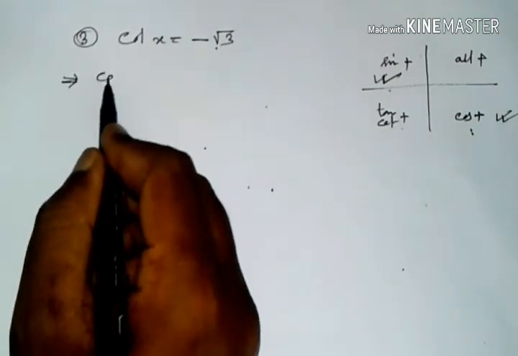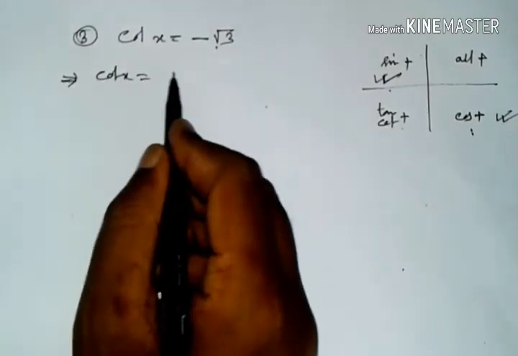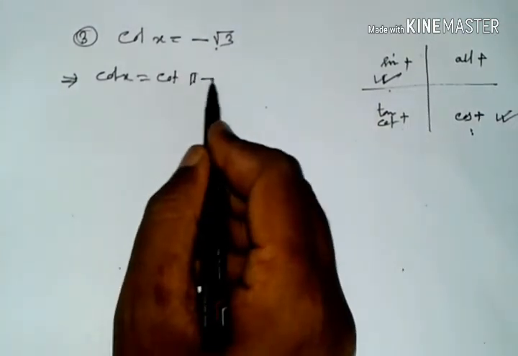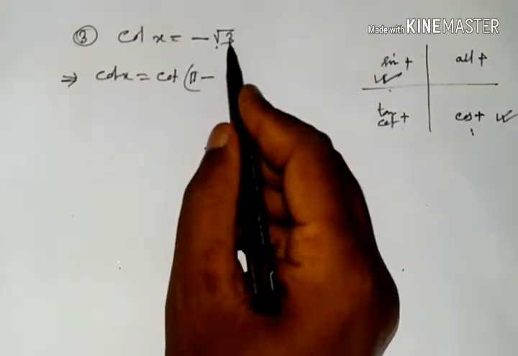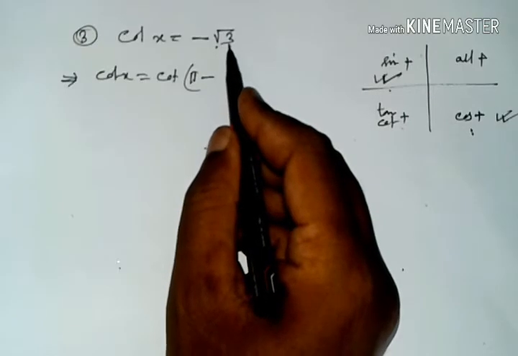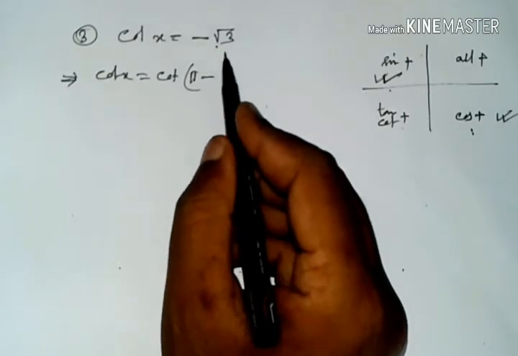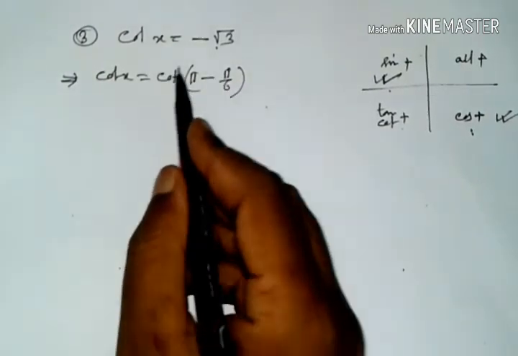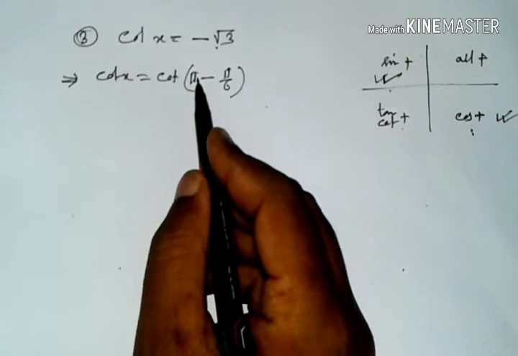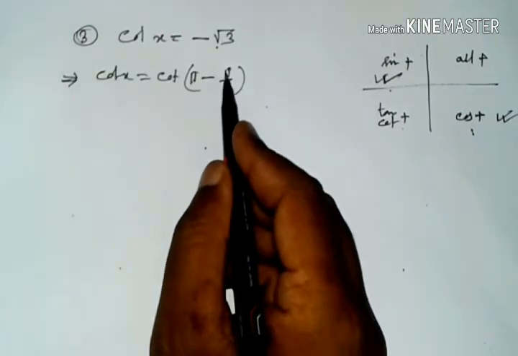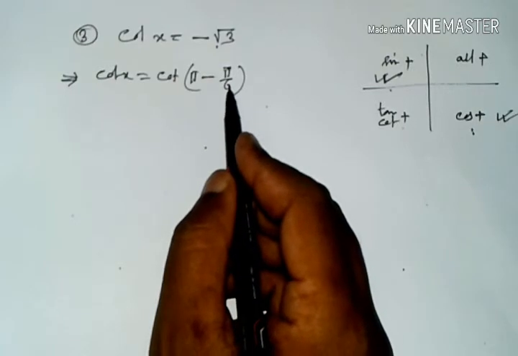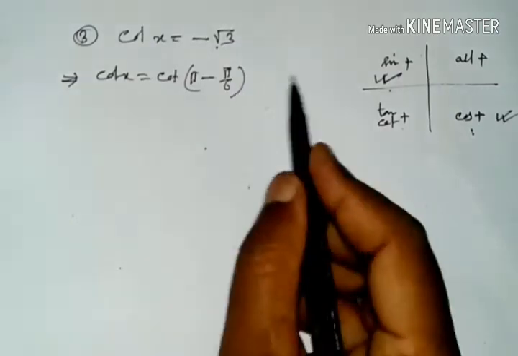For the second quadrant it is pi minus this angle. At what angle is cot equal to root 3? Cot pi by 6, that is cot 30 degree, is root 3. So for the second quadrant, pi minus pi by 6, and for the fourth quadrant, 2 pi minus pi by 6.